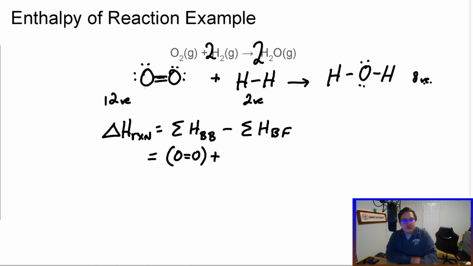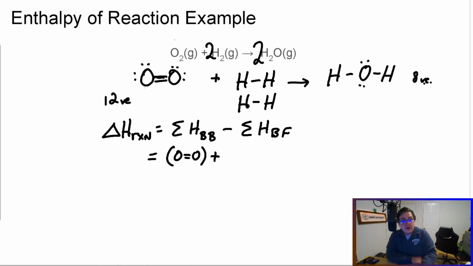We actually broke 2 of them, because if we look at our chemical reaction, we didn't break 1 hydrogen molecule, we actually broke 2. So I'm going to erase this. There we go.